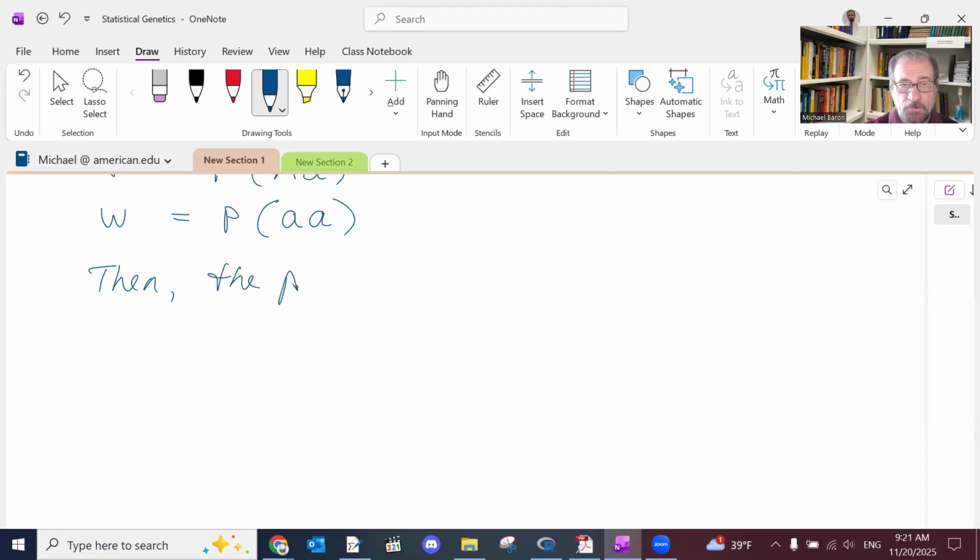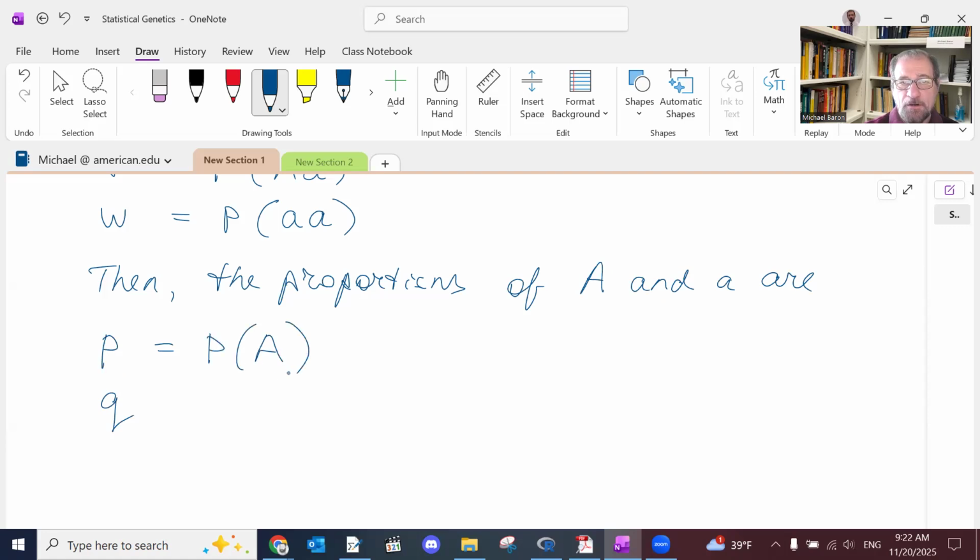Okay, then what are the proportions of dominant and recessive genes in the population? Let's call them P and Q. So P, what proportion of all genes is in the dominant form, dominant alleles?